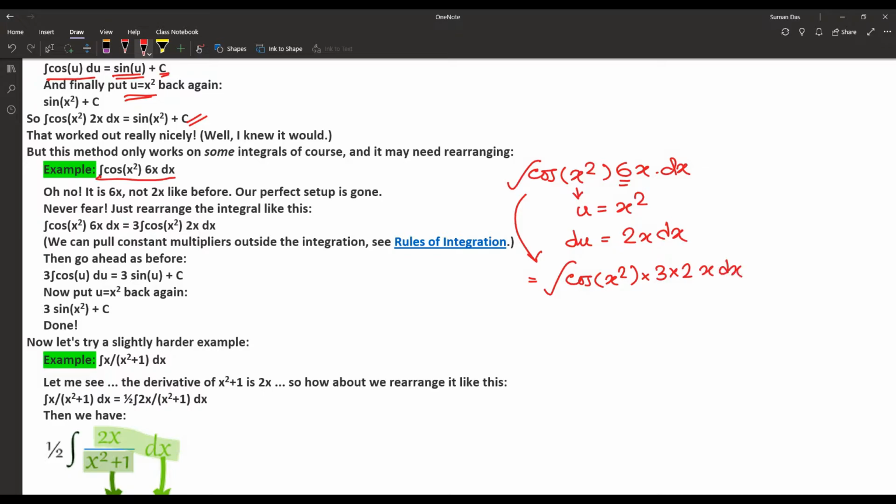Now we know that 3 is a constant, so according to the rule of multiplication of integration with a constant, we may write that constant 3 outside as a multiplier.